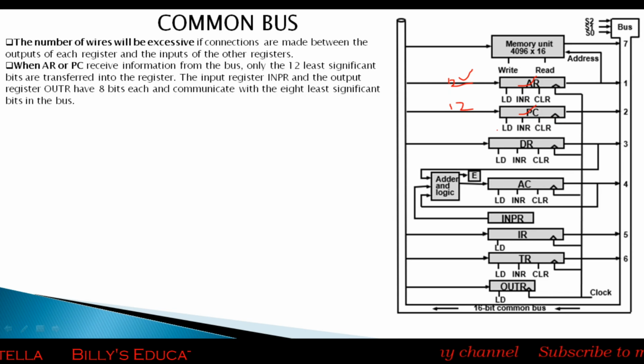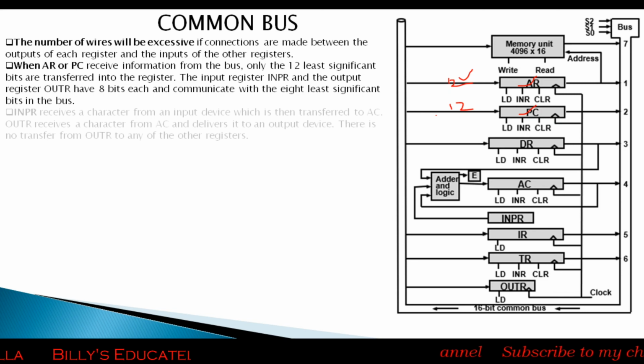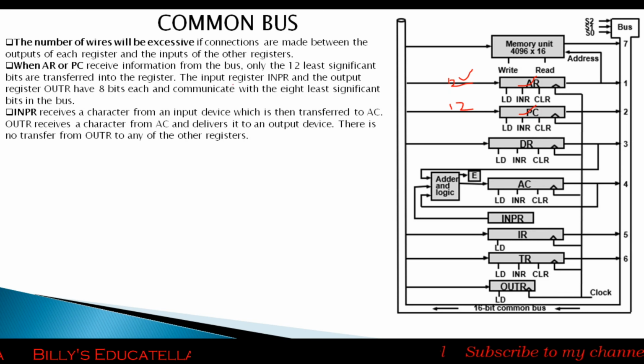Coming to the next one, the input register INPR and the output register OUTR have 8 bits each and communicate with the 8 least significant bits. Similarly, the output register gets the input of 8 least significant bits.